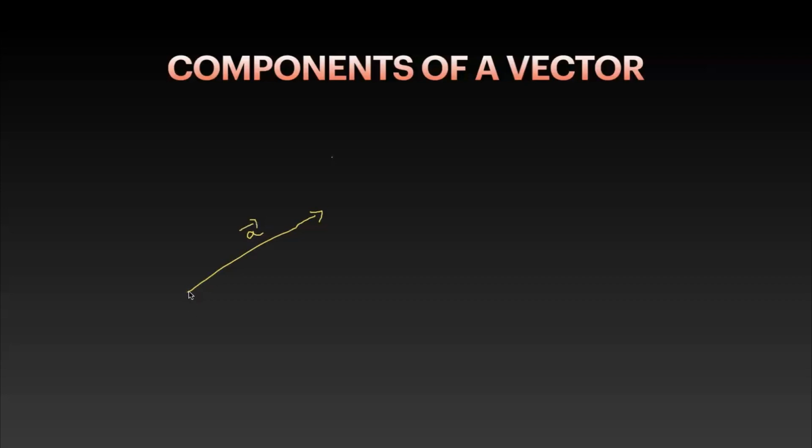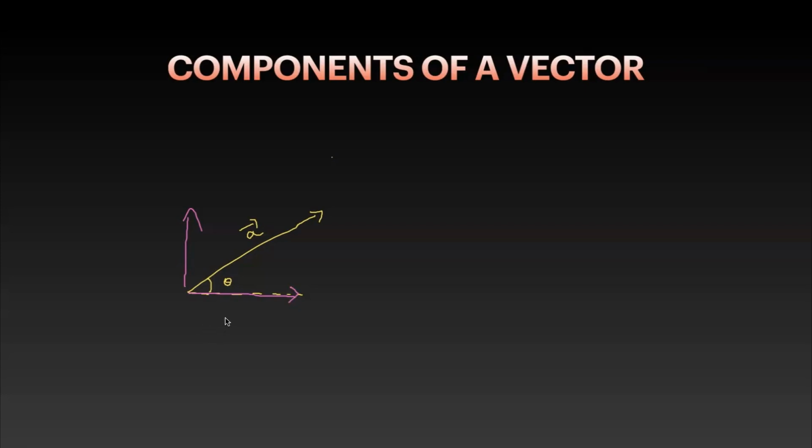It makes some angle theta. What we usually do in vector resolution is you get two components. One is the vertical component and another is the horizontal component.